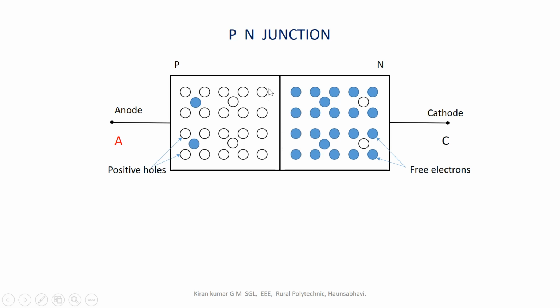As the attraction force is more in these holes, these free electrons, which are quite free to move, will drift across this p-n junction and occupy the free site of electron in this p region.